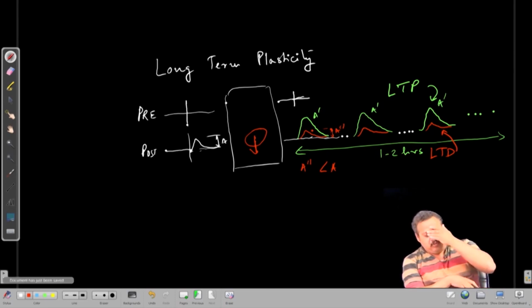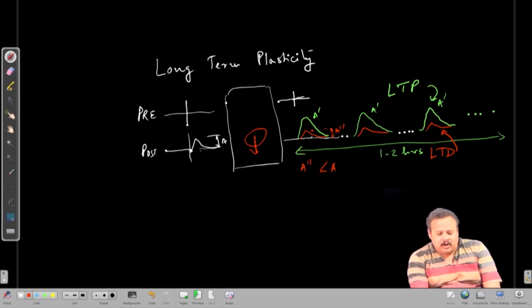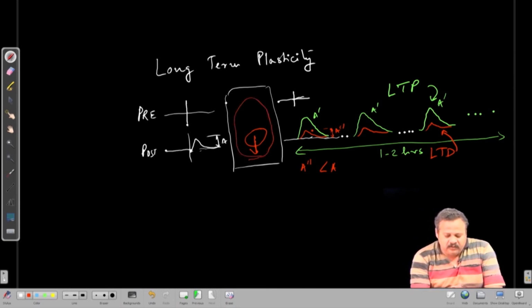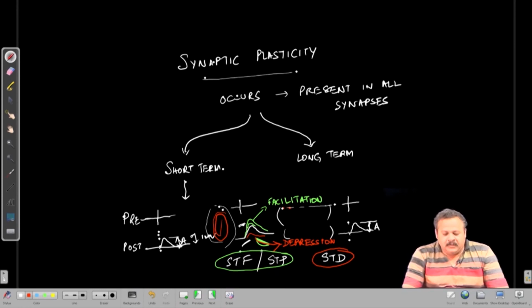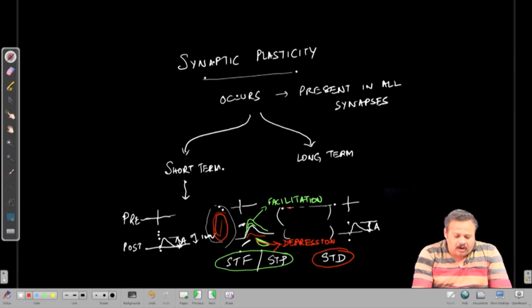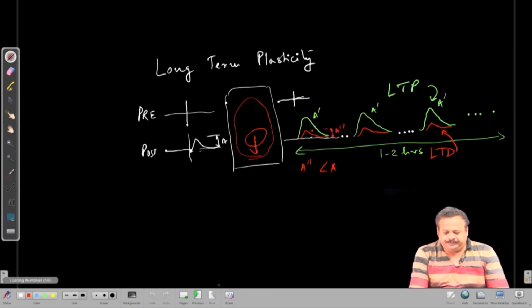Once we discuss long term plasticity in more detail, it will become clearer when we model the processes, as to what manipulation we will be doing in order to observe long term facilitation and long term depression, or short term facilitation and short term depression.